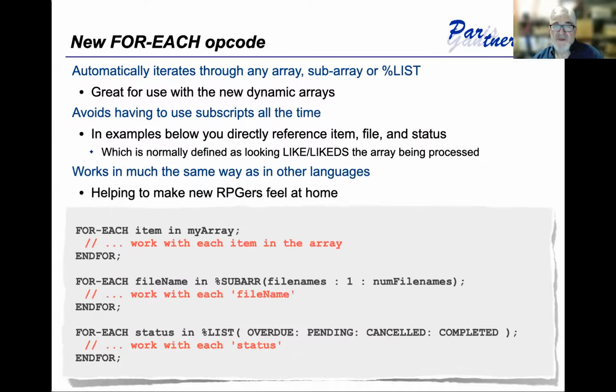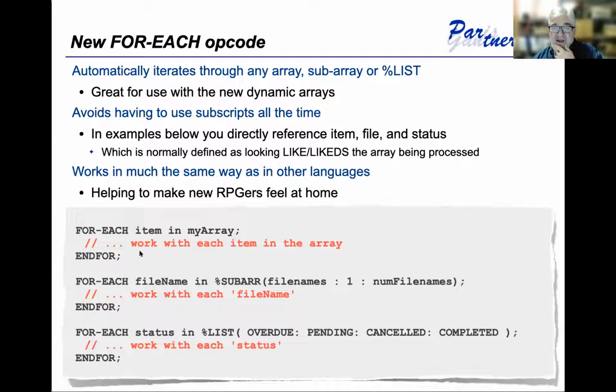All right, ForEach. I first came across ForEach when I was learning PHP, and I thought immediately, oh, wow, I wish I had that in RPG so that I didn't have to have a little counter increment, et cetera, et cetera. And the idea of ForEach is that it will automatically iterate through the array.